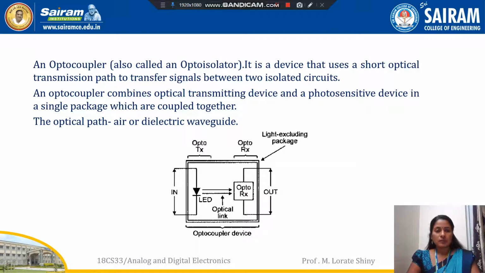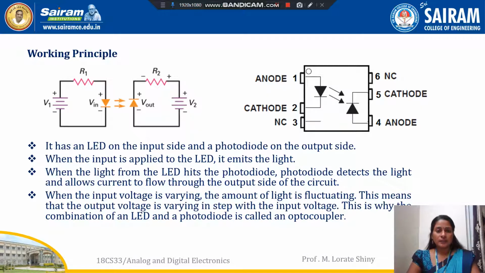Next, working. Here you can see this is the transmitting unit, this is the receiving unit. In the transmitting unit we have an LED, in the receiving unit we have a photodiode. When the input voltage is applied, meaning when the LED is forward biased, positive is with the P region, negative is with the N region, the LED emits light.